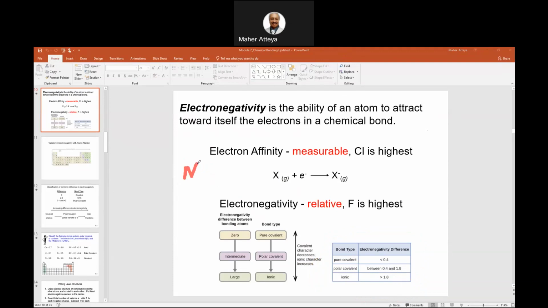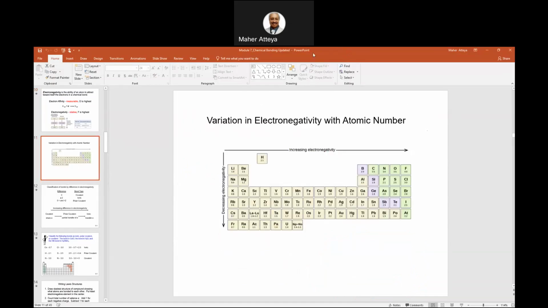Sodium and then chloride. We said sodium chloride, correct? So here it is. Sodium, guys, is 0.9.